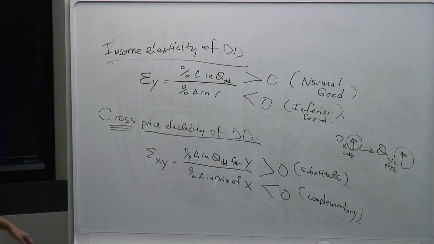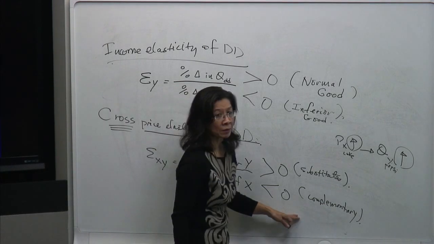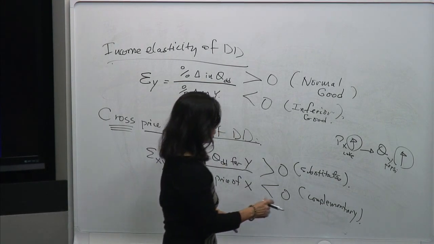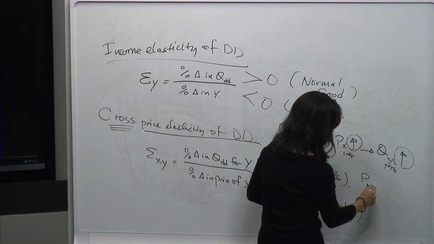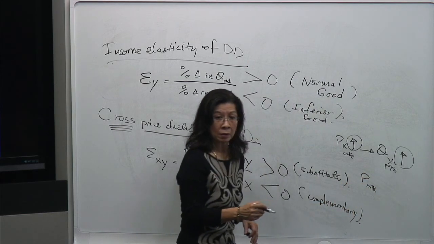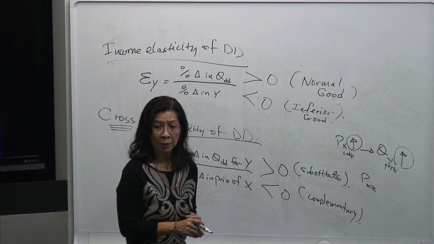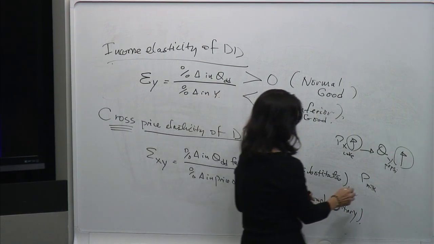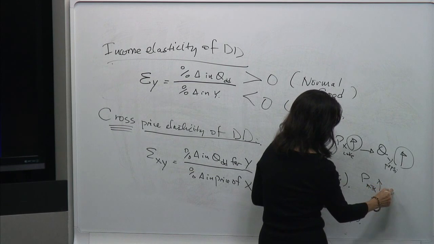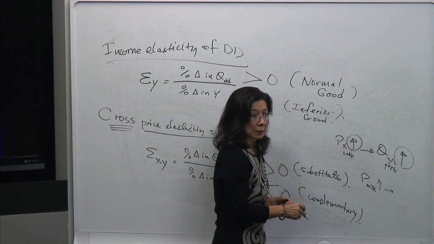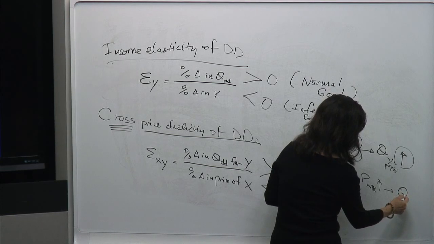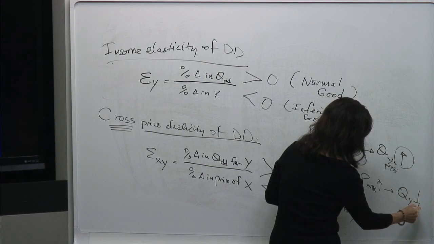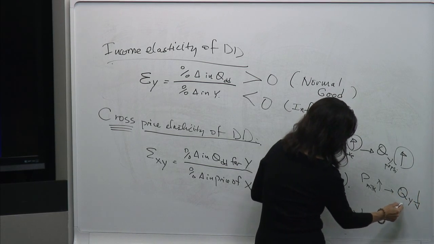Now, if it is less than 0, we call it complementary. The example we gave was milk and cereal. Most of you eat cereal with milk, correct? So if the price of milk goes up, you consume less milk, and as a result, some of you might consume less cereal.